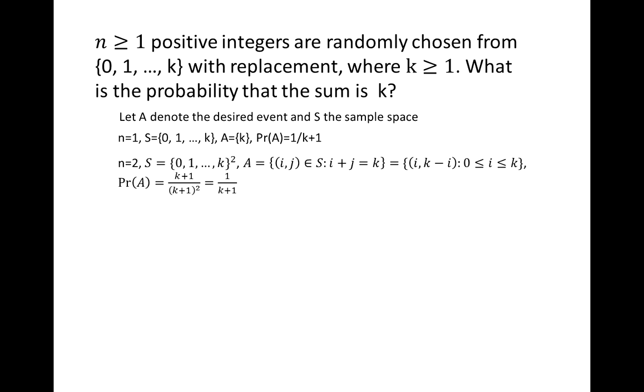With further simplification, we find that A is actually the pair of integers i and k minus i, while i is between 0 and k. So in this case, the size of A is k plus 1 and the size of S is k plus 1 squared. The final probability is 1 over k plus 1.